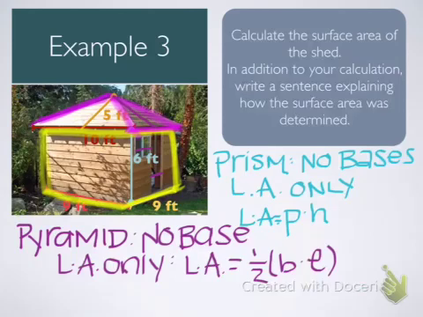So you should be able to write a sentence back for me explaining why we only used lateral areas, why we did not use any of our bases, the difference between a height and a slant height, why pyramids have half of the formula as compared to a prism. But hopefully just at least a good sentence to help me understand, or help prove to me that you understand what you're doing.